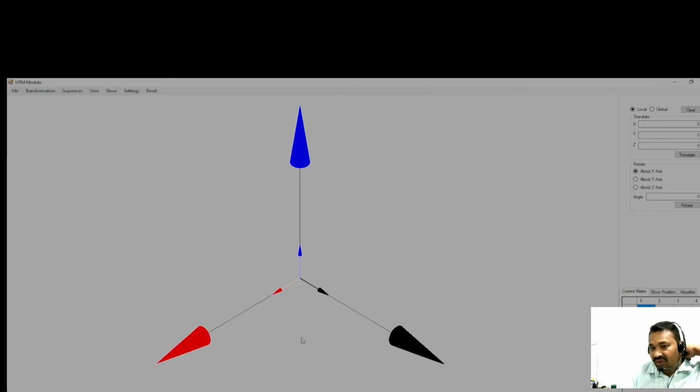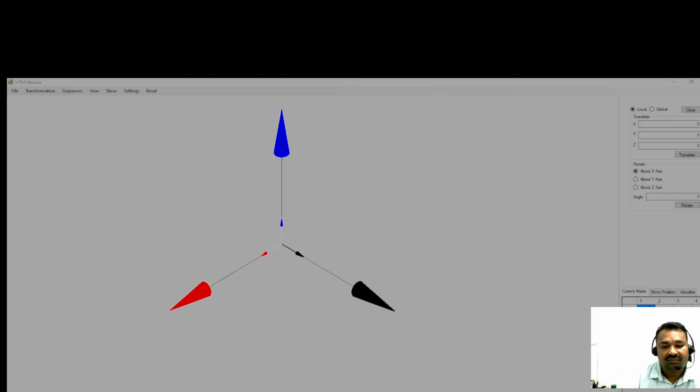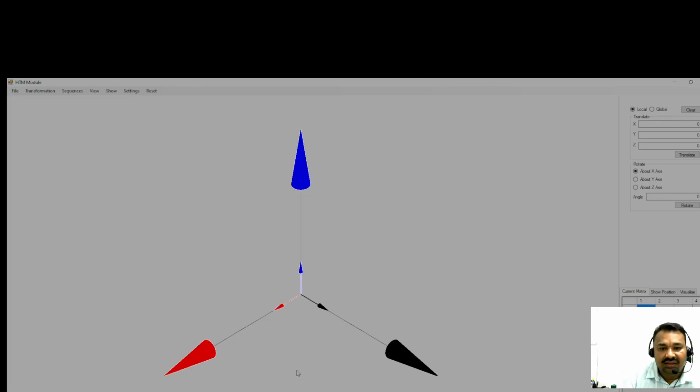Okay, so what was our point? Means a sequence of multiplication. So our sequence of multiplication of the transformations was the first rotation about. If you see this, firstly, what is this?